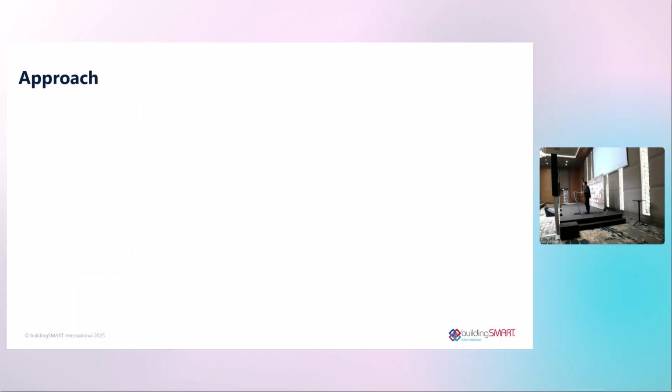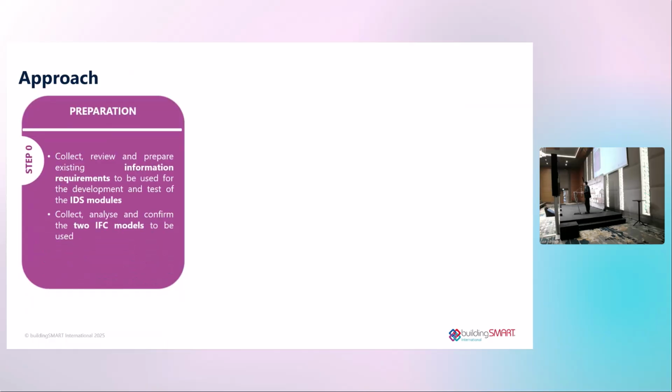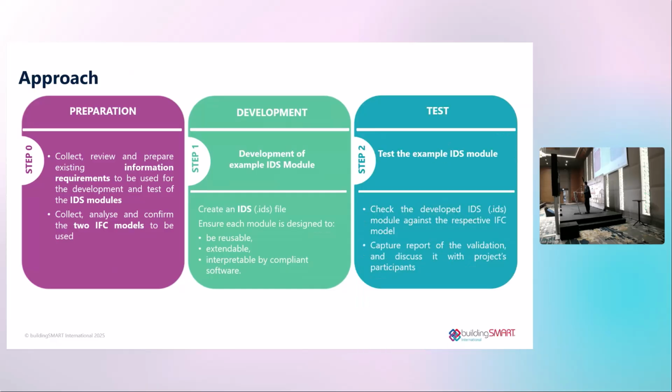And the approach will be quite easy. We have three major steps. We start with the preparation part. For the preparation, we need two qualified IFC files, one for a building model and one for infrastructure, for testing and developing the IDS file modules. After the preparation, we start with development.